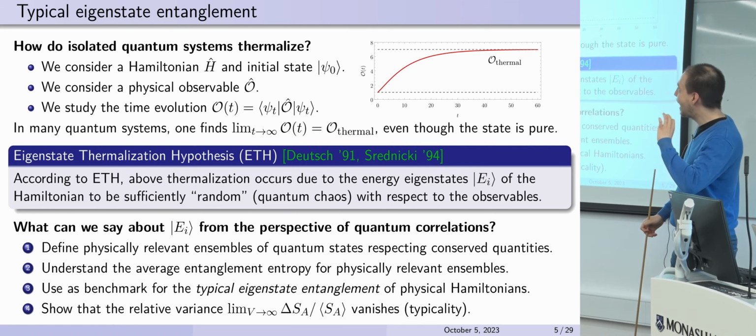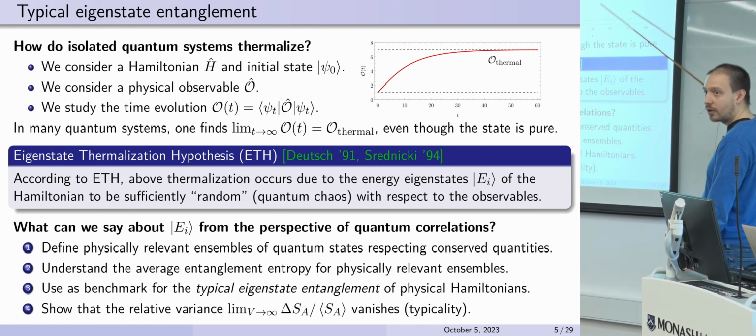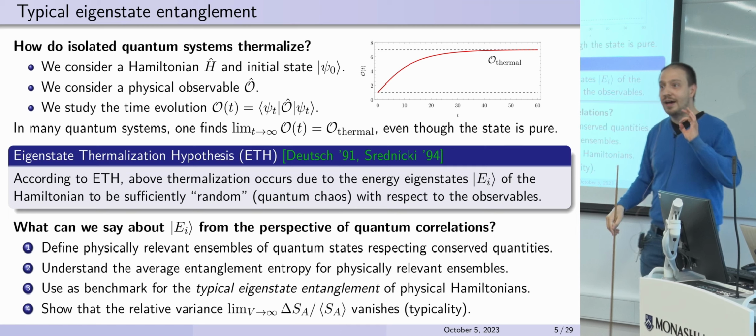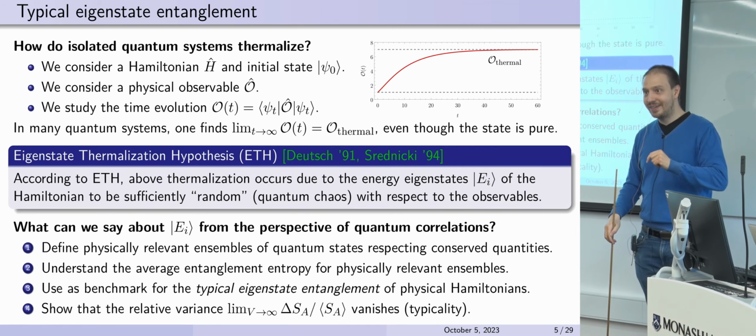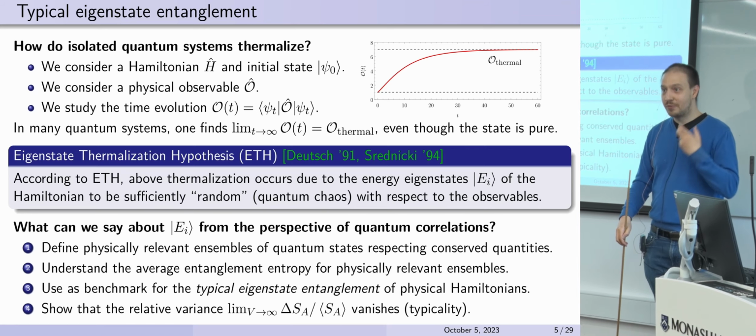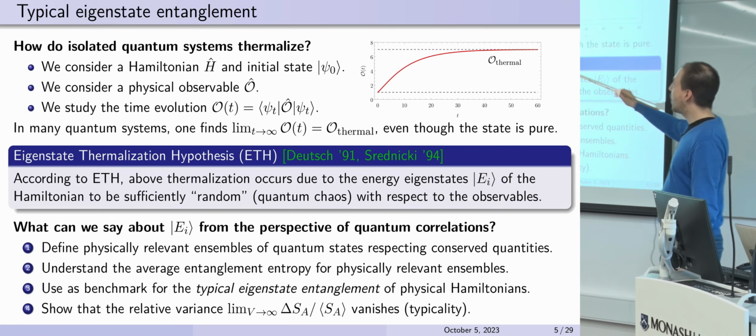There's no time evolution, so that Hamiltonian is time independent, so you will just get a flat curve. But if you now take a thermal state at a matching temperature and take the expectation value for this thermal state, you will see that this O thermal will also be very close to the expectation value in the energy eigenstate.